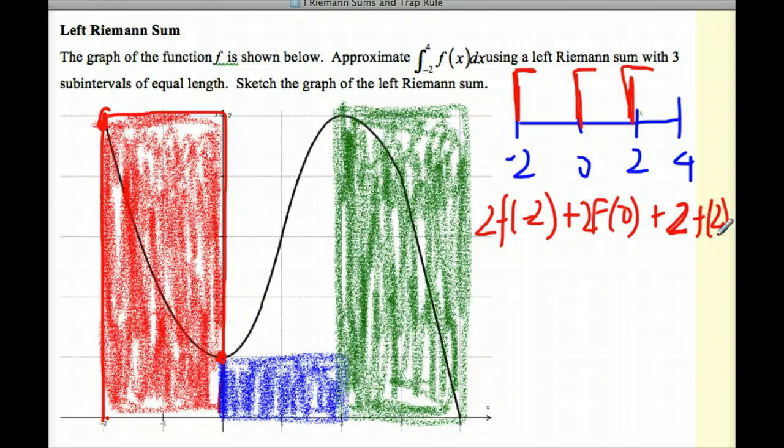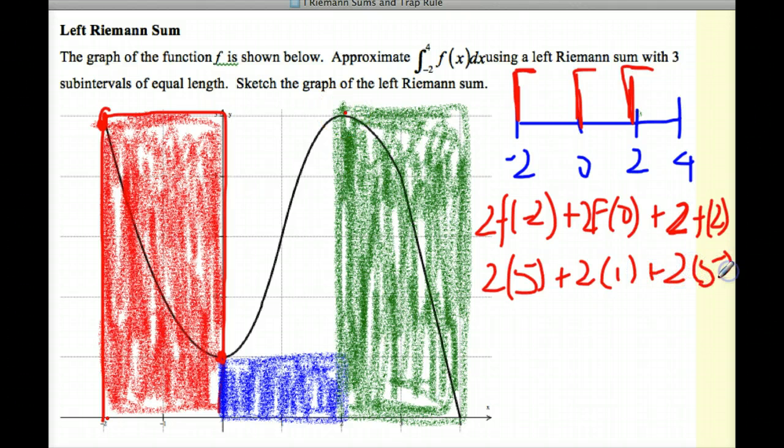I plug everything in and I get 2 times, this right here is a +5, plus 2 times 1, plus 2 times up here is a 5, which gives me 10 plus 2 plus 10, which gives me an area of 22.